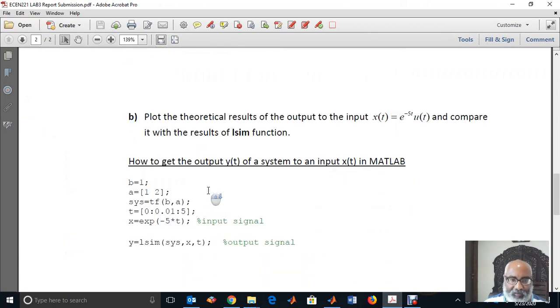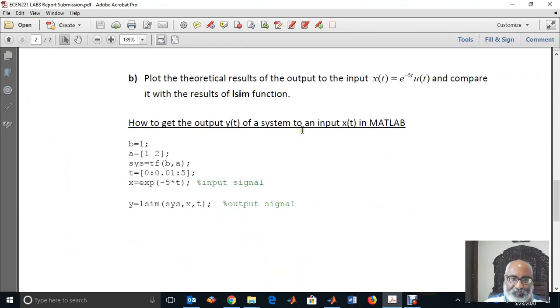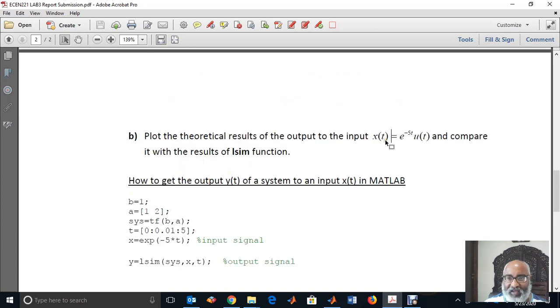The second part is we give an input to the same system. And this input, in the second case, is x of t equals e to the power of 5t u(t). Then you have to find the theoretical result by giving this input and assuming initial condition 0.